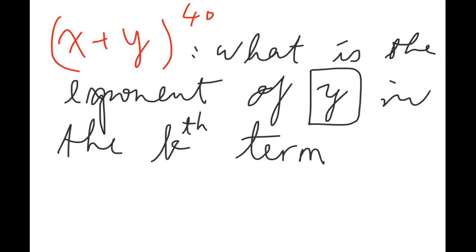So in the kth term, that means you have k minus 1 powers of y, since the first term has none. So the power of x is 40 minus k minus 1, which means 41 minus k.